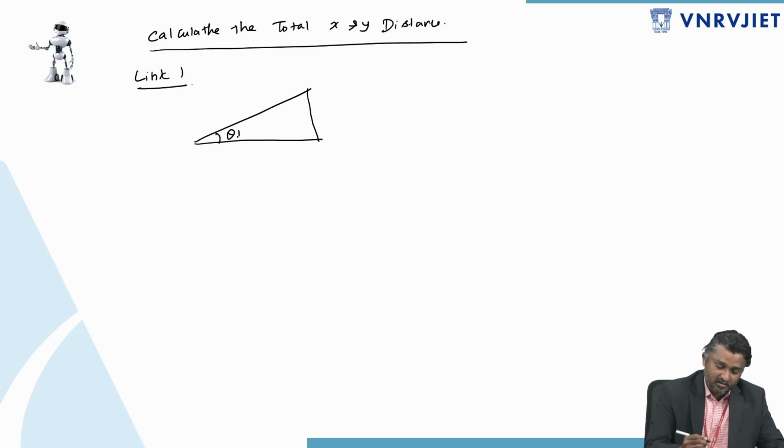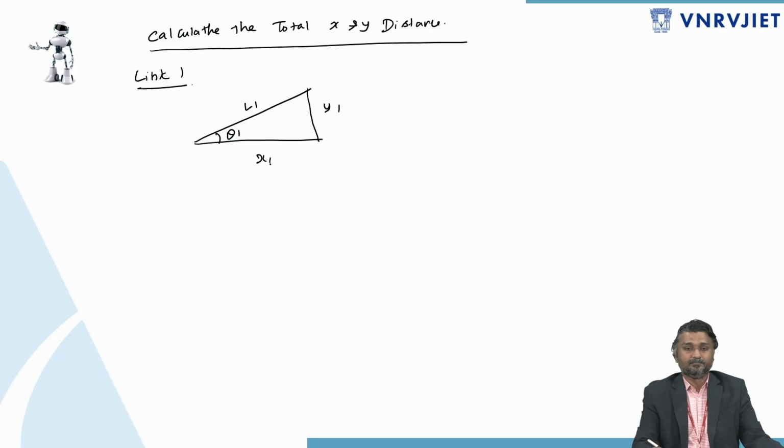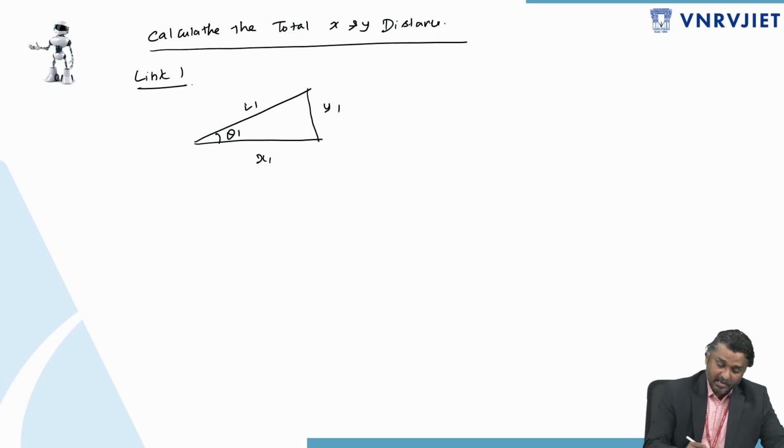This is the theta 1 and this is the L1, Y1, X1. Here L1 is the length of the first link, Y1 is the y distance and X1 is the x distance for link 1. Now from here, cos theta 1 is equal to x1 by L1. So x1 is equal to L1 cos theta 1.